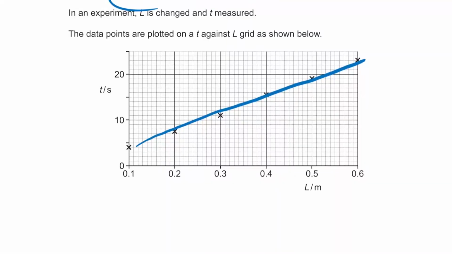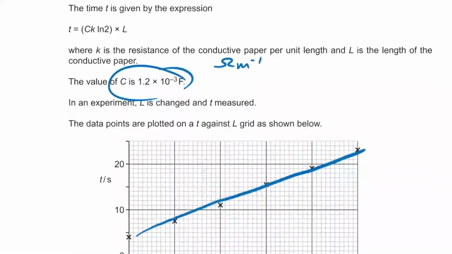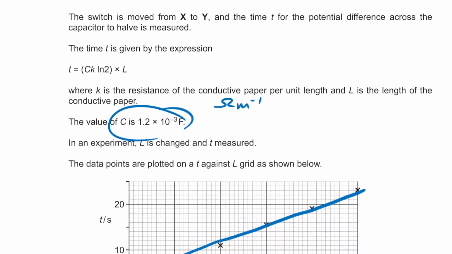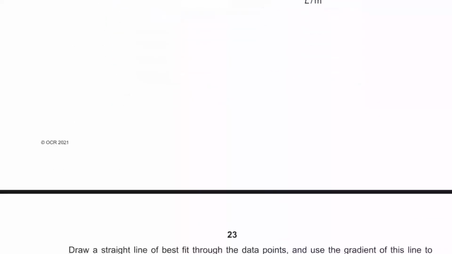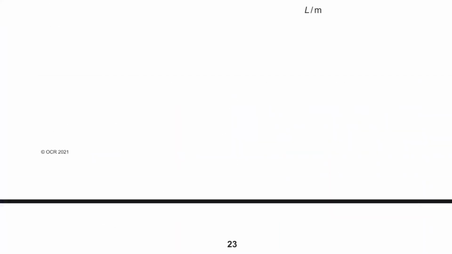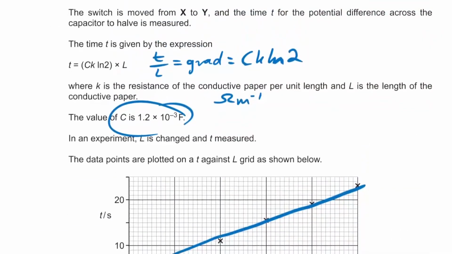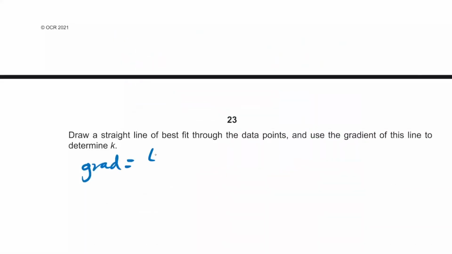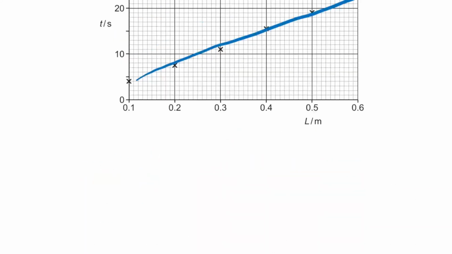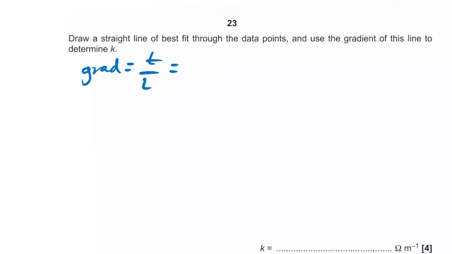So we have T against L. If we rearrange this, we can see T against L is the gradient, and that is equal to CK log 2. We're going to be asked to find K, aren't we? Yeah. So gradient is equal to T over L, which is equal to CK log 2.